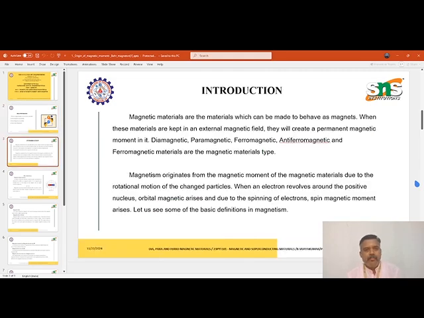An introduction. Magnetic materials are materials which can behave as a magnet. When these materials are kept in an external magnetic field, they create a magnetic moment in them.